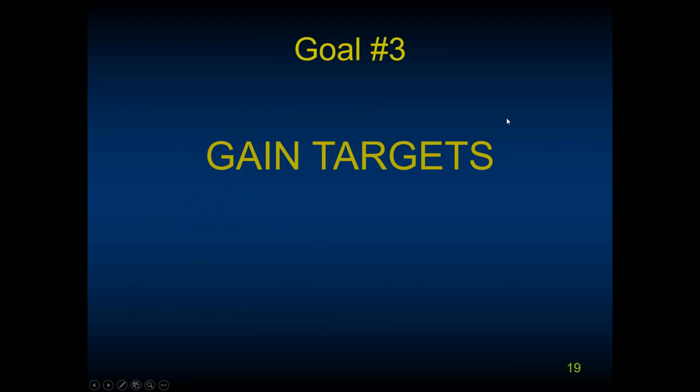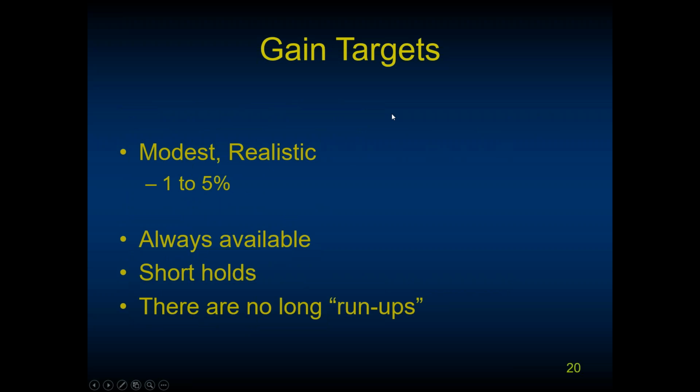Now, in terms of gain targets, once you start to take these first two methods to heart, your gain targets have to be modest and realistic. If you're only holding short positions, there's not a lot of time for a position to make a big gain. So we're talking about modest gains, 1 to 5% maybe. And the nice thing about this is that they're always available. The holds are short. They're not going to be much more than this.